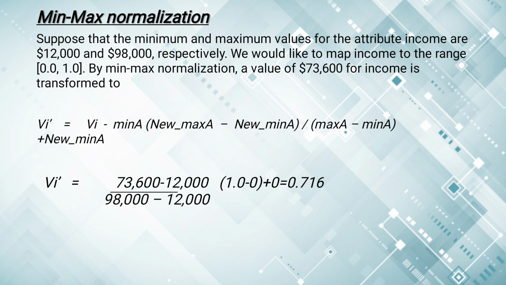Here they have given that maximum value in the original dataset 98,000, minimum value in the original dataset 12,000, and the maximum value in the transformed dataset is 1. Minimum value in the transformed dataset is 0.